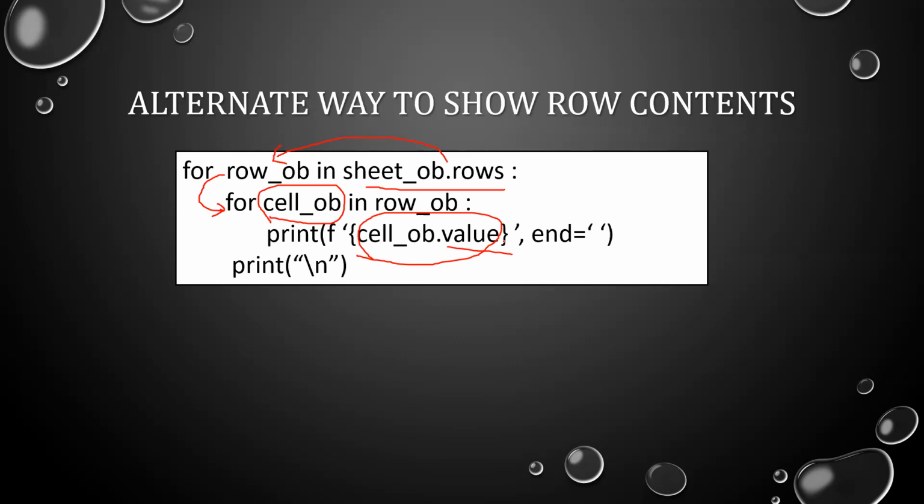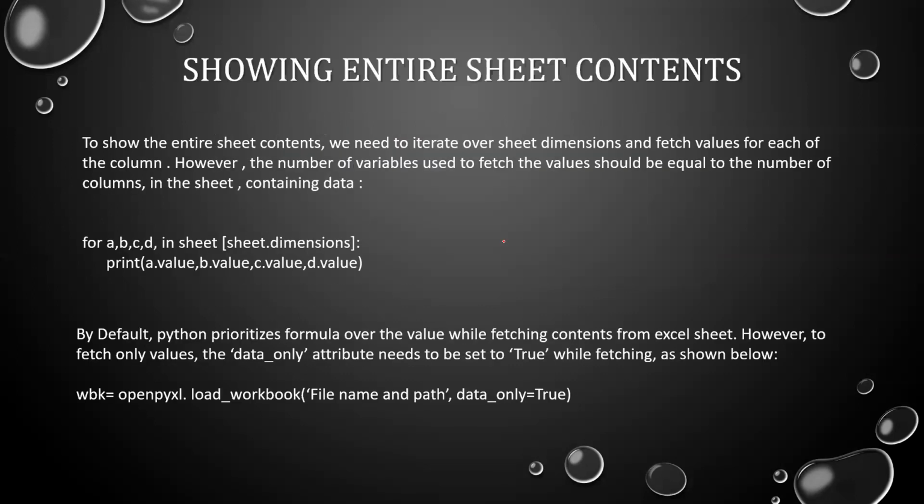So these are the 3 methods we can use. To give you a quick recap, we can use the dimensions and then get those values in respective count of variables and show them using the value attribute.